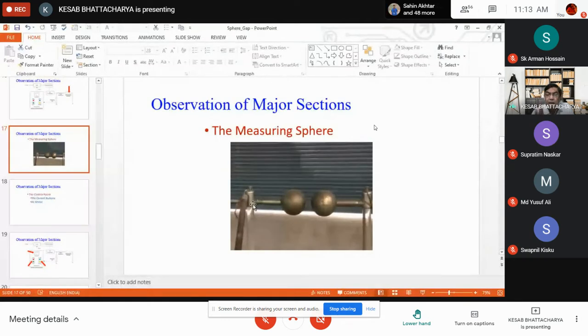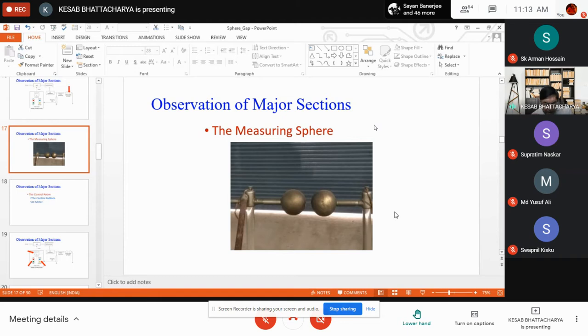This sphere gap, if you consider in the circuit, when we shall discuss the circuit diagram, you will see that between the two spheres, one will be connected to the live end of the supply and the other will be connected to ground. So a potential will appear across this gap, and according to the magnitude of the gap and the magnitude of the applied voltage, a definite value of electric field will be created in the gap.